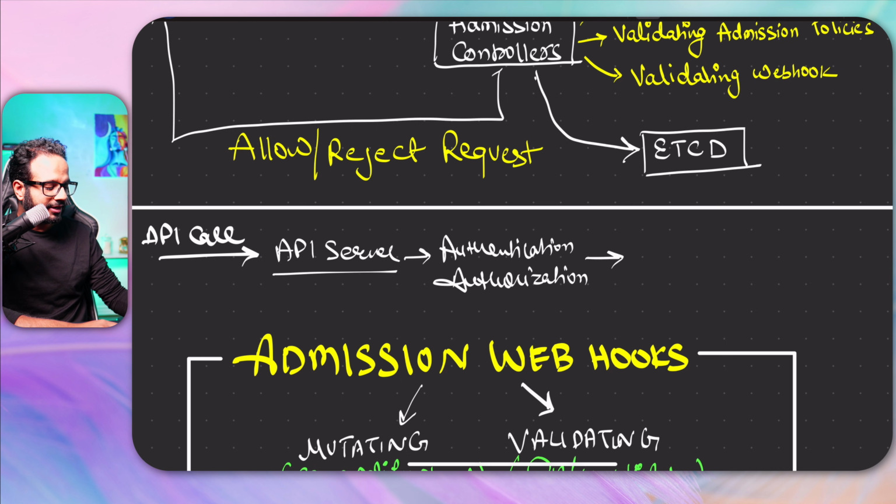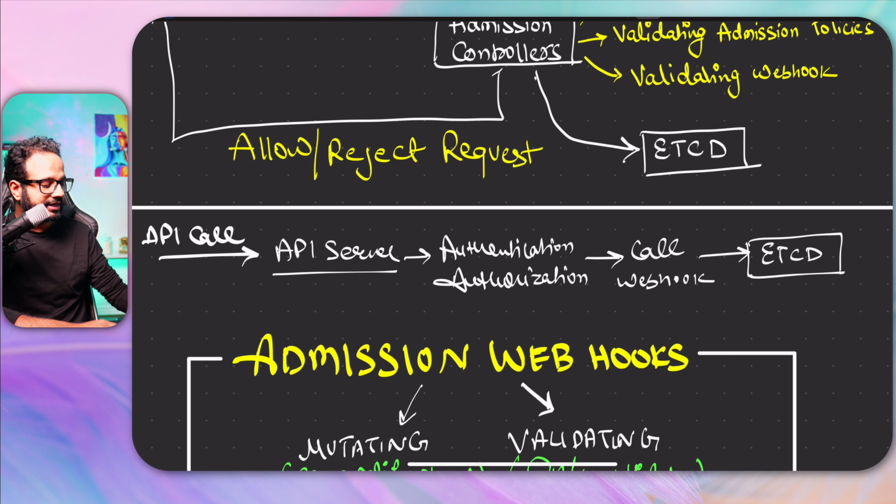And then once the authorization and authentication is done, the webhooks, or the admission controllers, are called. And once the request passes through them, once it is accepted, then the changes will be made to etcd.